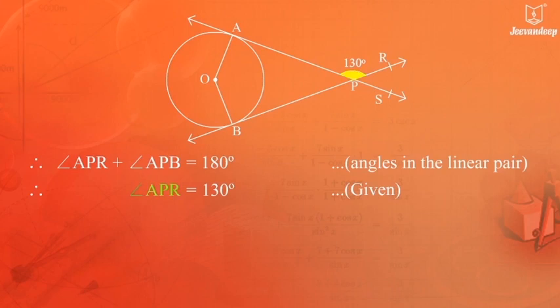As angle APR equals 130 degrees as given, therefore 130 degrees plus angle APB equals 180 degrees. So, the measure of angle APB equals 50 degrees.